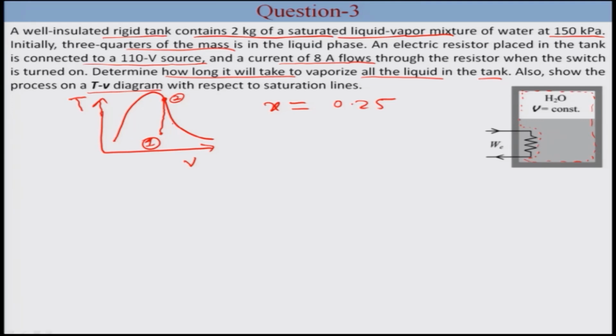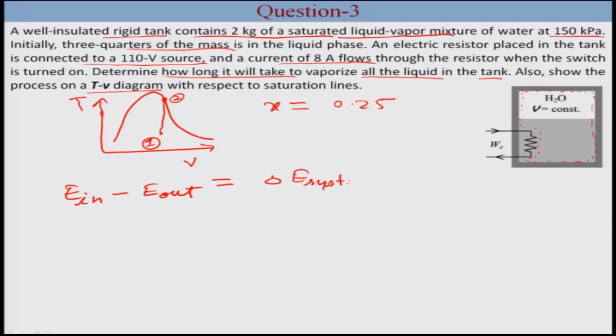Now further we need to determine the time it takes to vaporize all the liquid. Since it is a closed system, the energy balance on the closed system will be total energy in minus total energy out equal to change in total energy of the system.